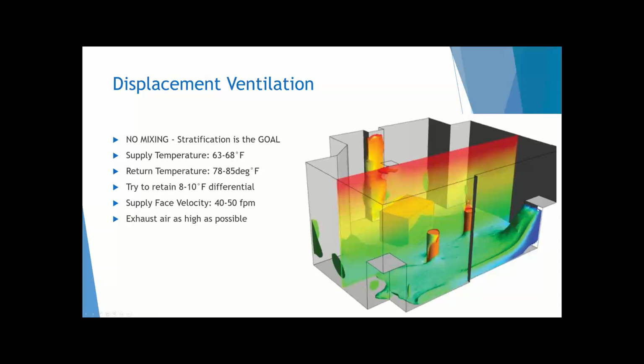You're introducing this air at a very low velocity. The neck velocity of this diffuser may be like 700 to 800 feet per minute, but it's going to slow it down with a baffle inside to 40 to 50 feet per minute max. Like I said, it's going to pull along the floor. It's going to find heat sources, move up, and then be exhausted as high as possible.